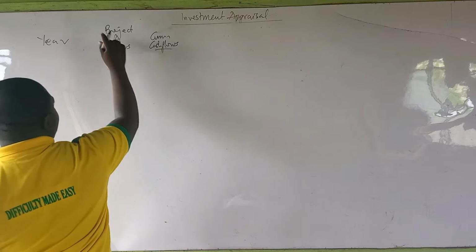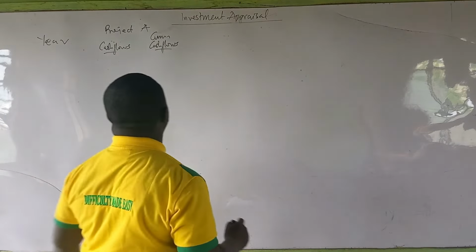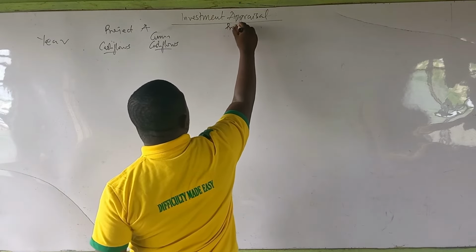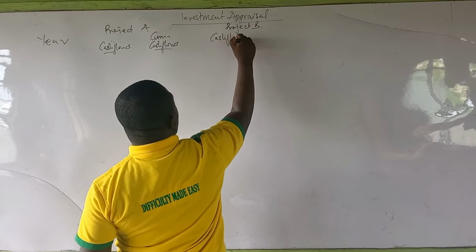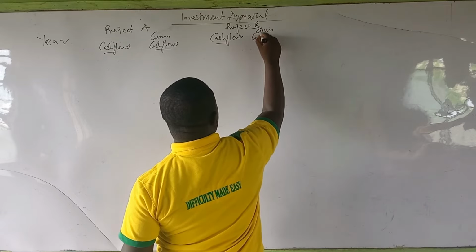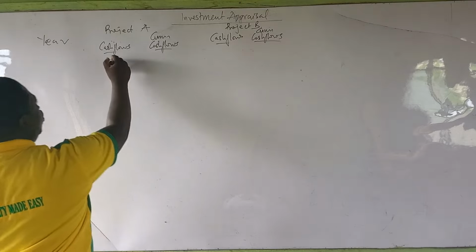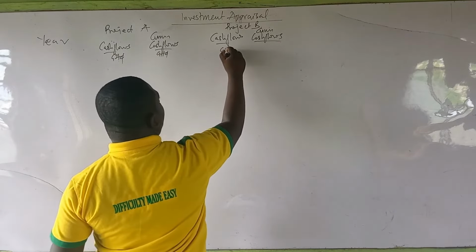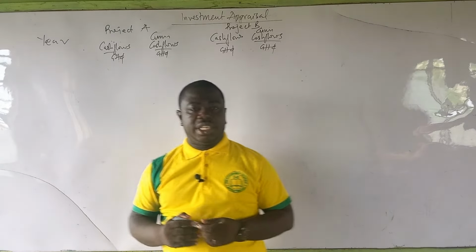So these two will be for project A. And then we'll do the same for project B. We'll have the cash flows and we'll have the cumulative cash flows. I'm sure you remember this approach from part 1 of this video, just that we did it for only one project. Now we are doing it for two projects at a time.